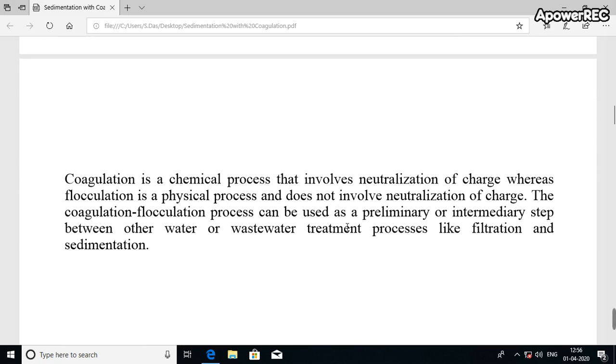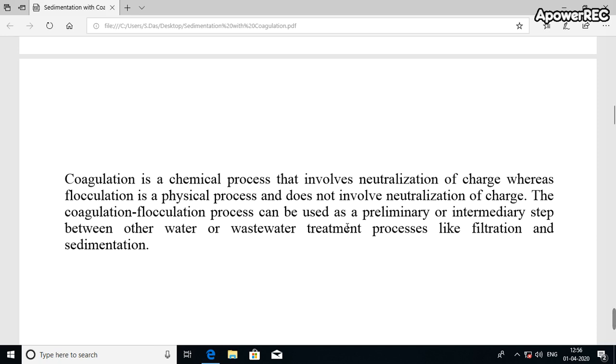Also, when the positively and negatively charged particles come together, they bond together and produce a new kind of thing known as flocculation. That is a physical process again, but it does not involve the neutralization of charges. That means when the neutralized charges are there, they come together and are added just because of the property of the atom.